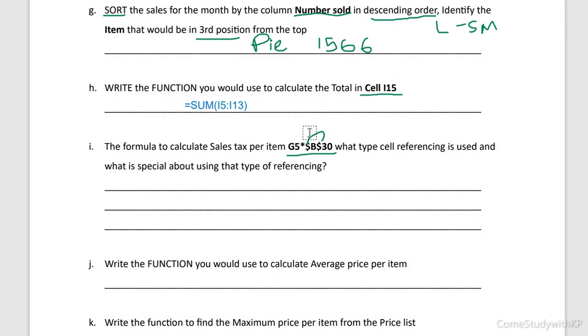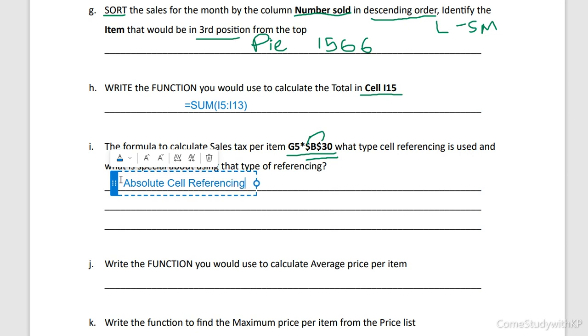Once we copy this formula and paste it in any cell, the value B30 will never change. It will always remain the same. And that's what we want. So the answer is, we're using absolute cell referencing.